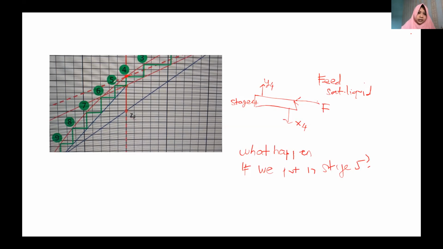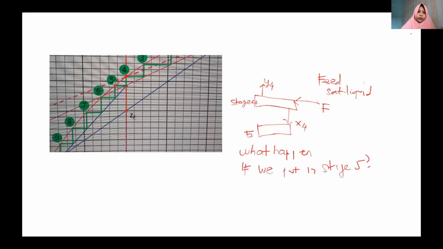Because at stage 5 the composition is this one, let's say this is stage 5 there, and the composition for the liquid is this one. It may not be optimal, and the saturated liquid feed there will maybe flash, vaporizing some of it.